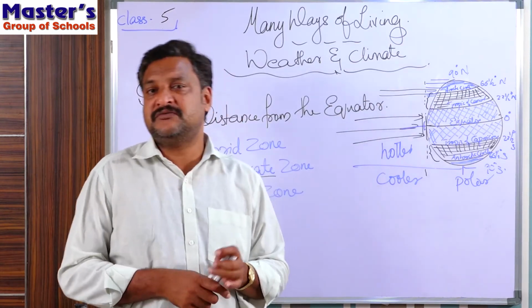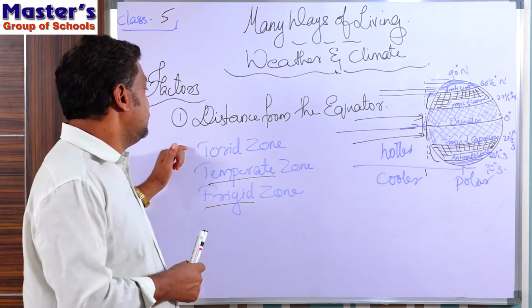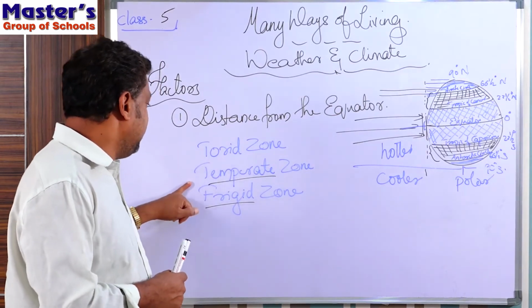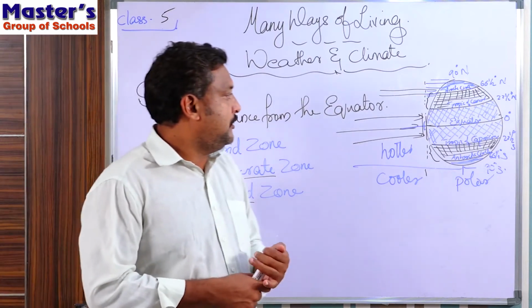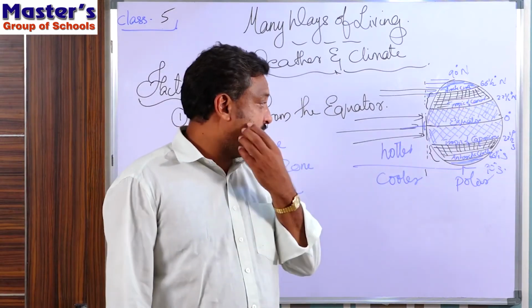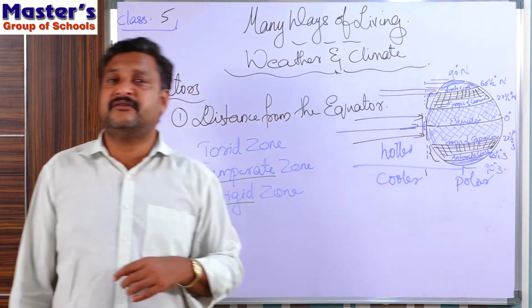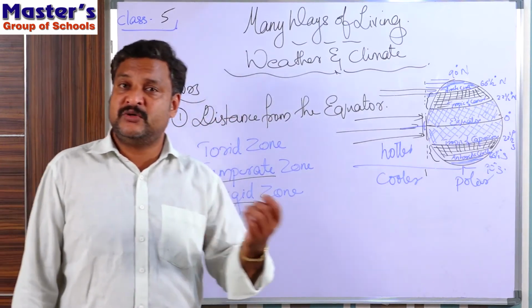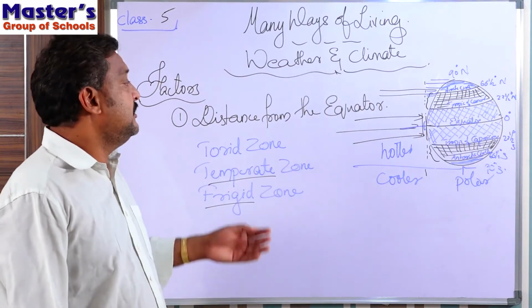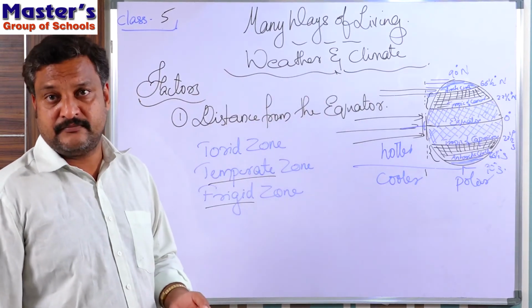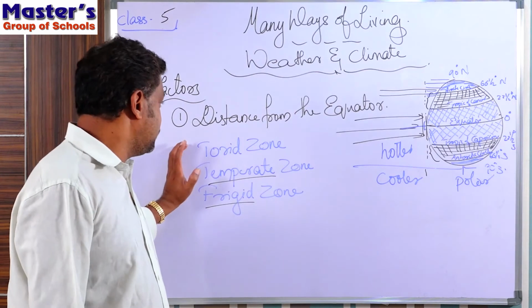So based on this, we have three climatic zones: the torrid zone, the temperate zone, and the frigid zone. In between the Tropic of Cancer and the Tropic of Capricorn, the 23.5 degree north and 23.5 degree south latitudes along the equator is the hottest region, okay, which is called the torrid zone.